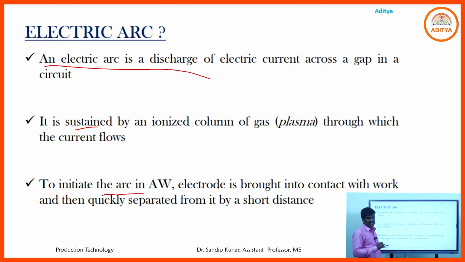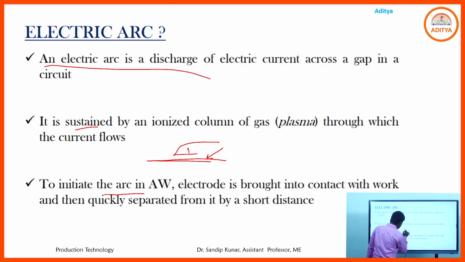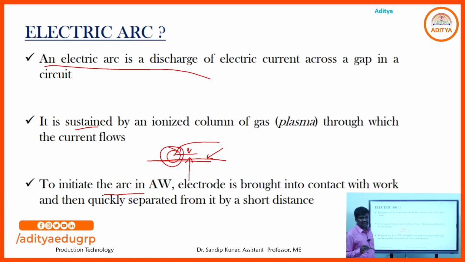Between that short distance the arc will be created, meaning a plasma, an ionized column of air, will be created through that gap.